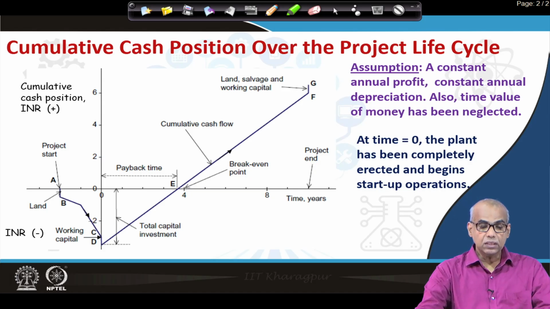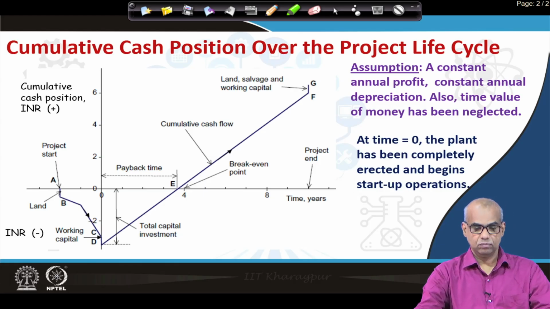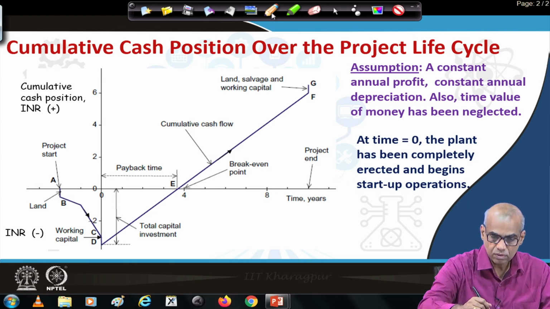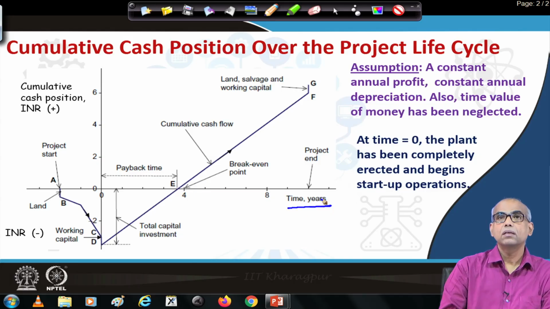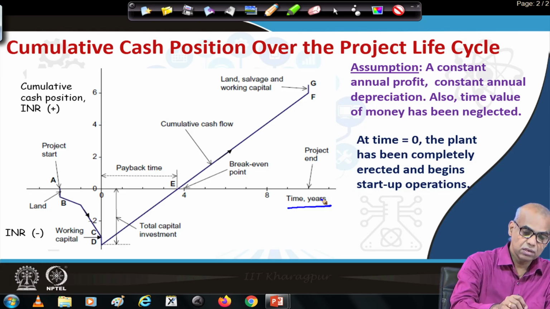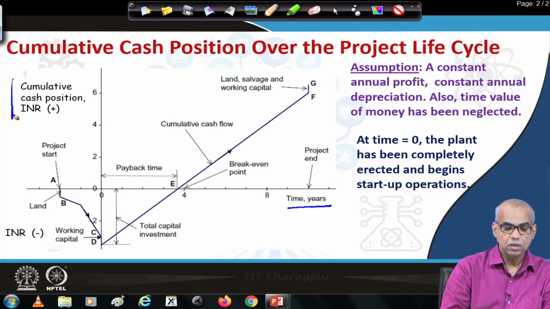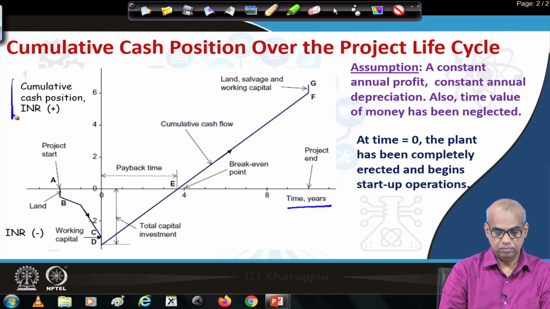Now, what you see is the cumulative cash flow diagram of a new project. On the horizontal axis, we write years, and on the vertical axis, we put cumulative cash position.